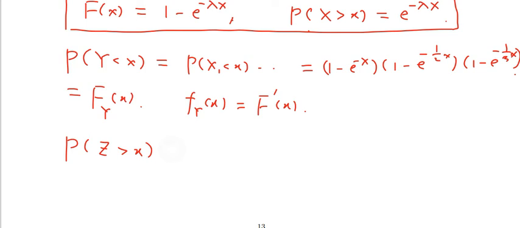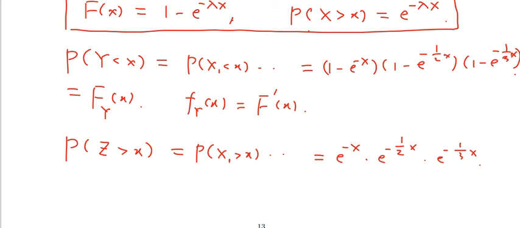So X1 larger than x, X2 larger than x, right? X1 larger than x equals e^(-lambda x), with lambda 1 here, then e^(-x/2), then e^(-x/3). The density function is the derivative of 1 minus this, since the cumulative is 1 minus.